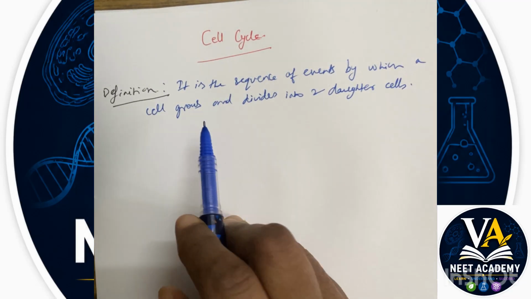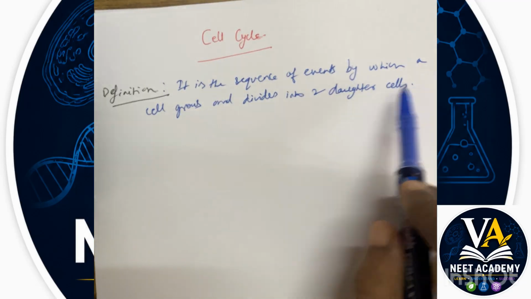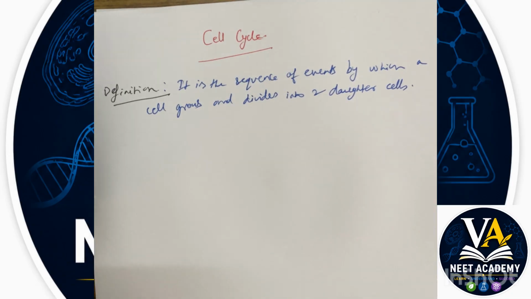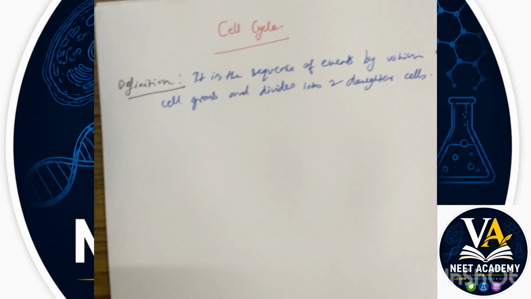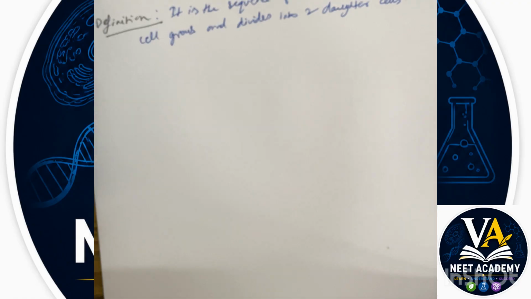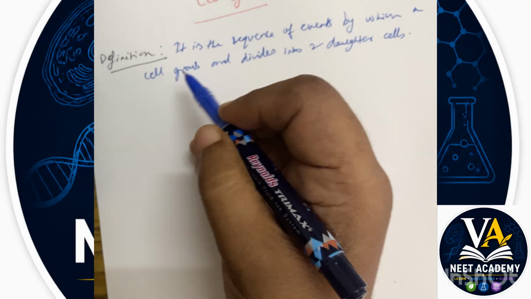So by definition, it is the sequence of events by which a cell grows into two daughter cells. So let us see the cell cycle in detail.